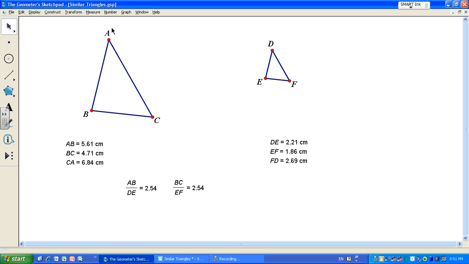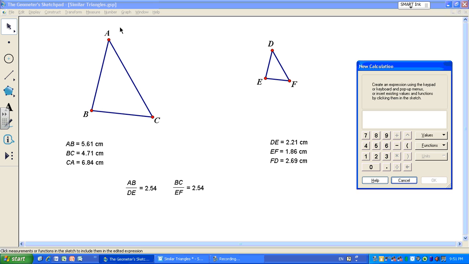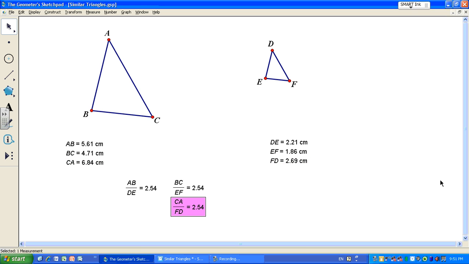What else do I have to calculate? One more, CA divided by the corresponding FD from the second triangle. Okay, I did that, and it shouldn't be a surprise to you that the ratios of corresponding sides are the same.